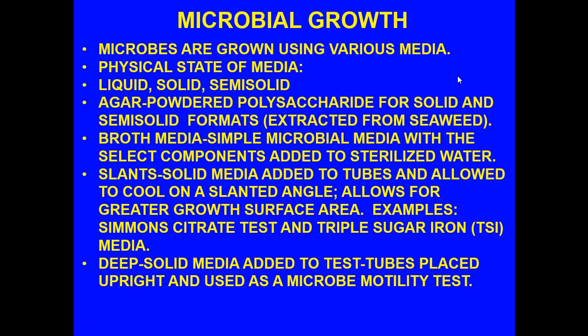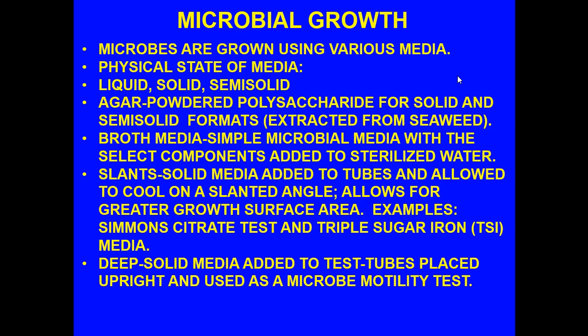Now with broth media, you have simple microbial media with select components, and of course you're going to add sterilized water. You want to prevent any contamination. When you grow these, you may grow them on a petri dish, on a slant, or a deep. What's a slant? That's where you have solid media added to the tube and allowed to cool at a slanted angle.